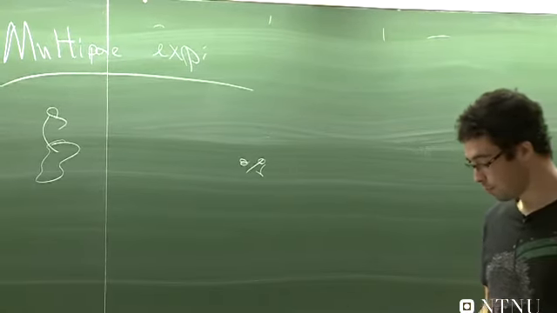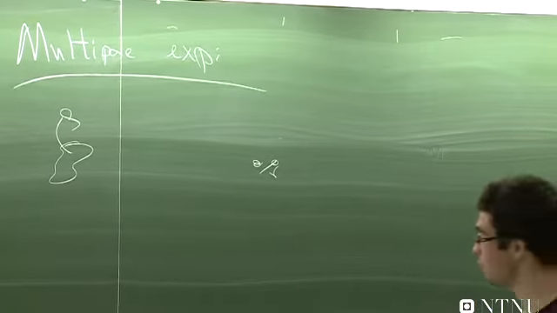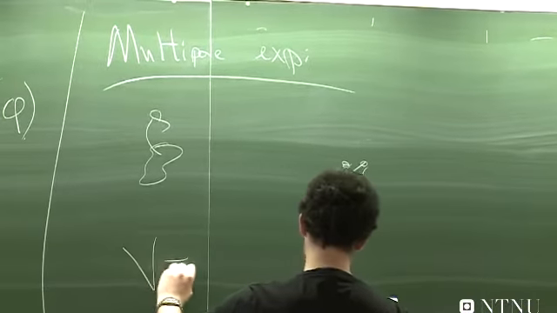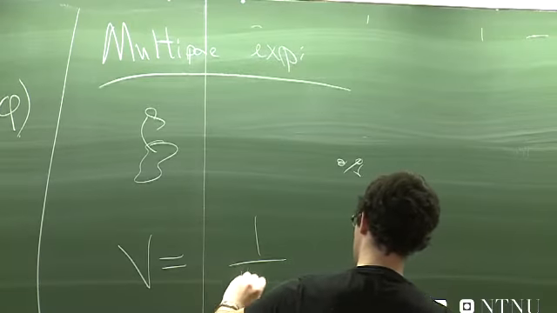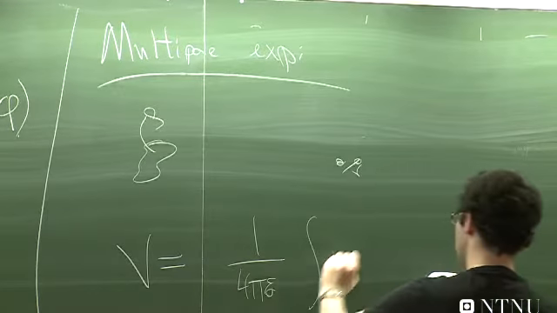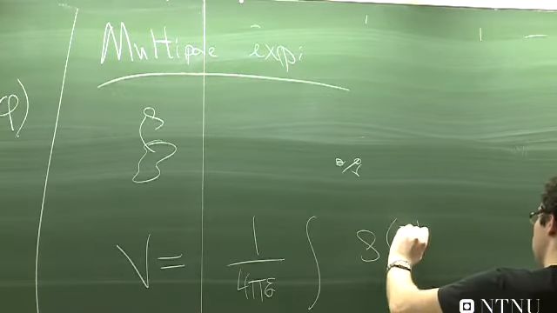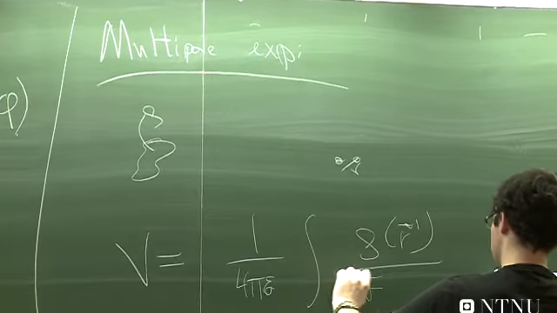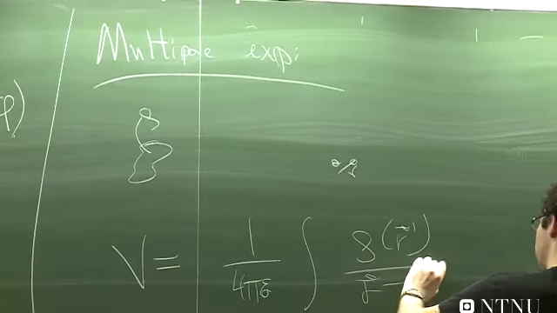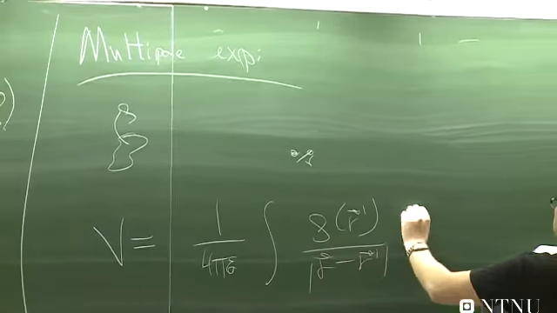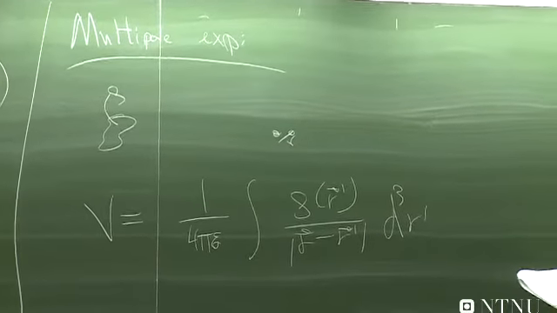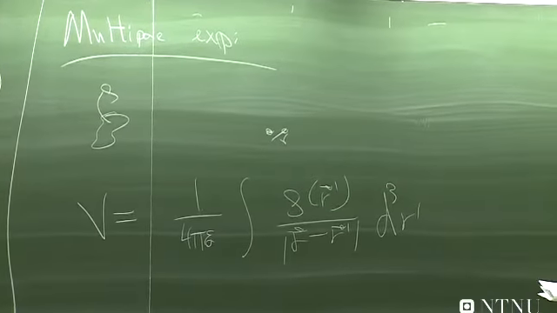And the simple answer is yes. If you recall that V is equal to 1 over 4 pi epsilon naught integral of rho of r prime over the magnitude of r minus r prime, d3 r prime, and the coordinate system is the same as we always use.